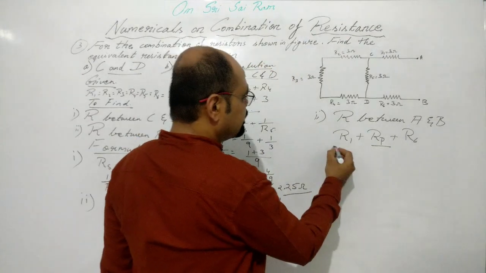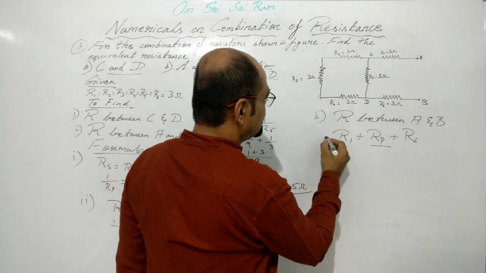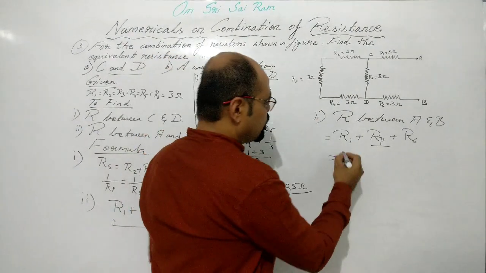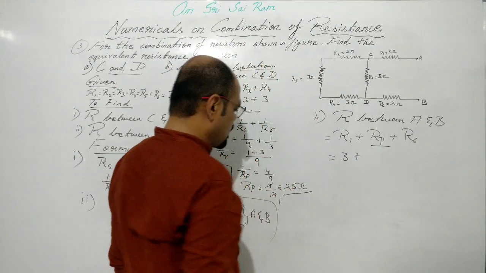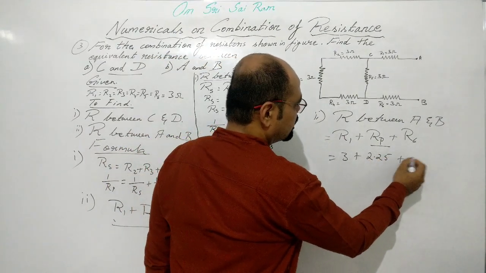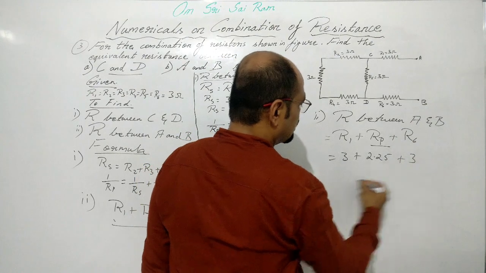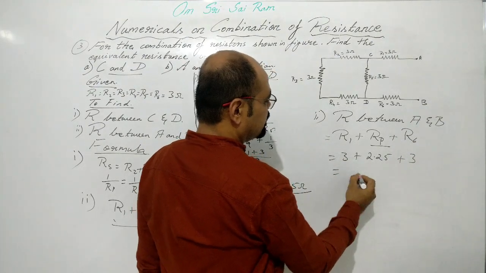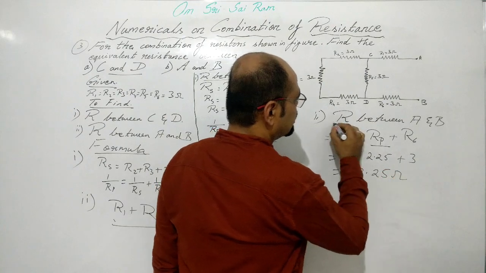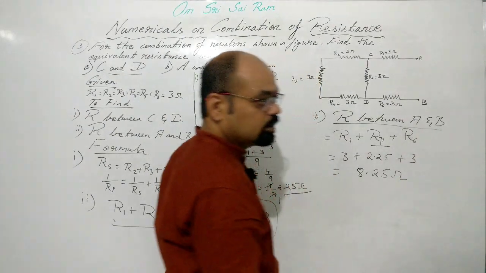So R equals, we can substitute R1 that is 3 ohms plus Rp we have got as 2.25 plus R6 is 3. So 3 plus 3 is 6, 8.25 ohms. That is the resistance between A and B.